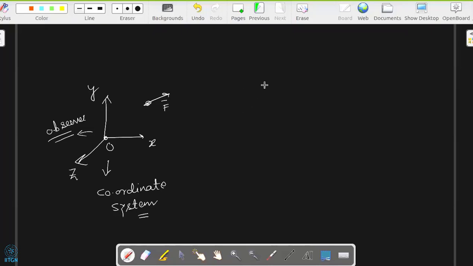Now, our well-known coordinate system, which we have studied from our childhood, and I'm not going to change it for now. This is x, y, and z, and this is the origin, and the unit vector along x is i, the unit vector along y is j, and this is k.